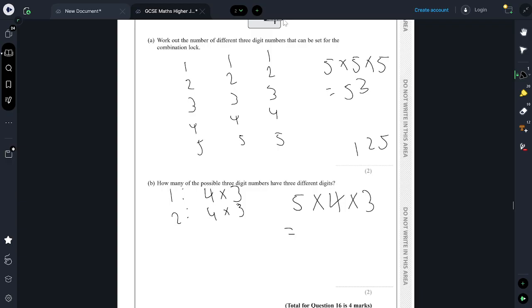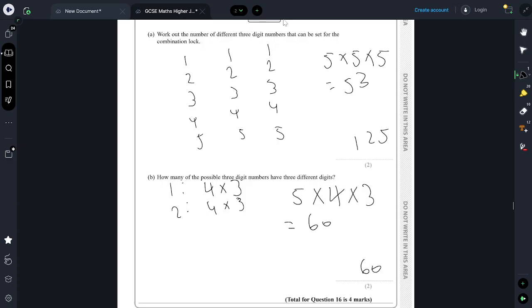You pick all five from the first list, but to make sure you have different digits, you cross one out. With the third one, you've already picked two different digits, so you cross two out, and you're left with three. That's where 5 times 4 times 3 comes from. 5 times 4 is 20, times 3 is 60. So that is how many different-digit numbers you can have.